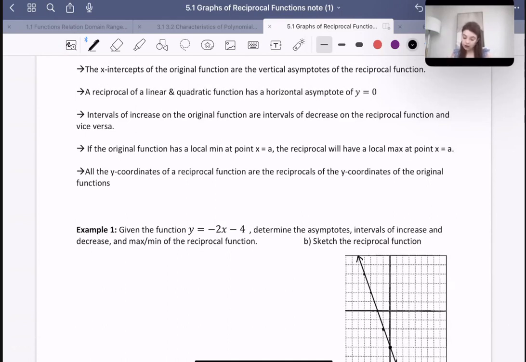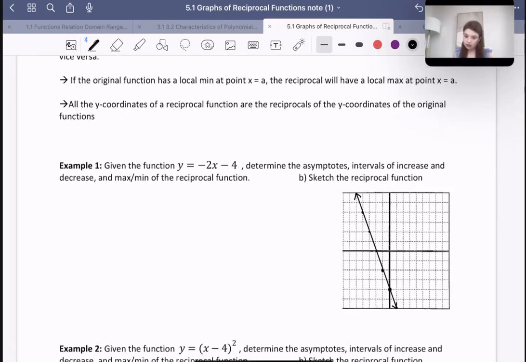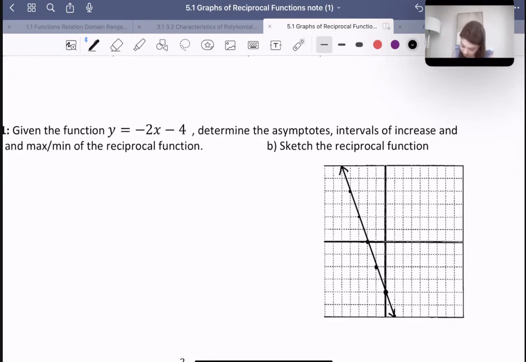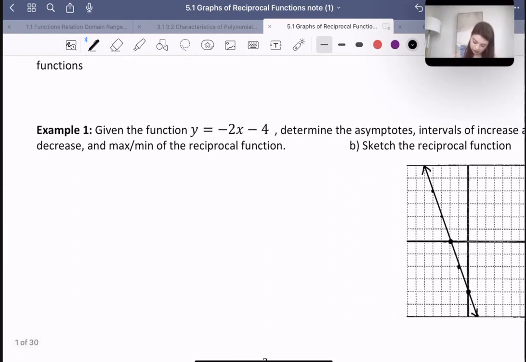So what are the x-intercepts of the original function, or in other words, the zeros of the original function? Well, looks like at x equals negative 2, we have a 0. So that means that the asymptote of the reciprocal function would be at x equals negative 2.